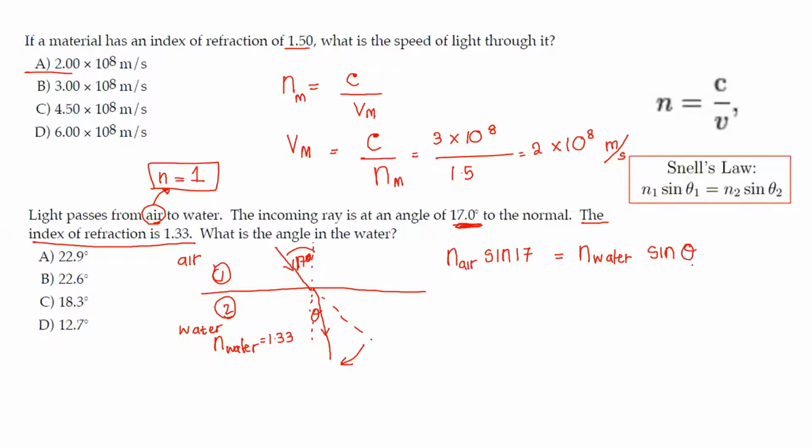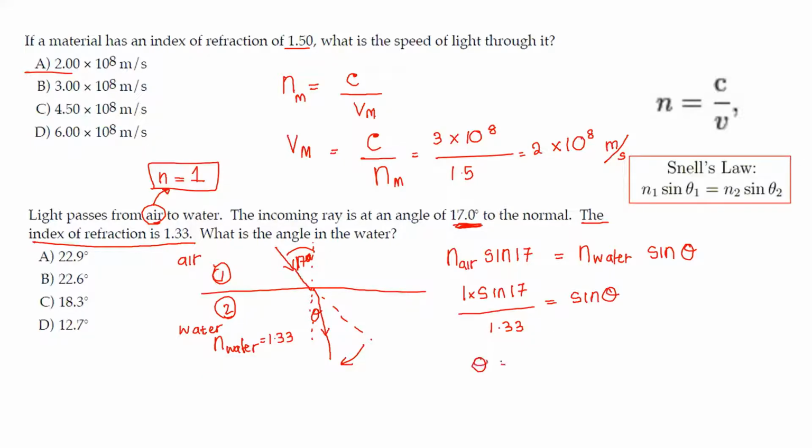So this theta is what we are going to find. N of air is 1 times sine 17. N of water is 1.33. So I'm going to divide it by 1.33. So I get sine theta.